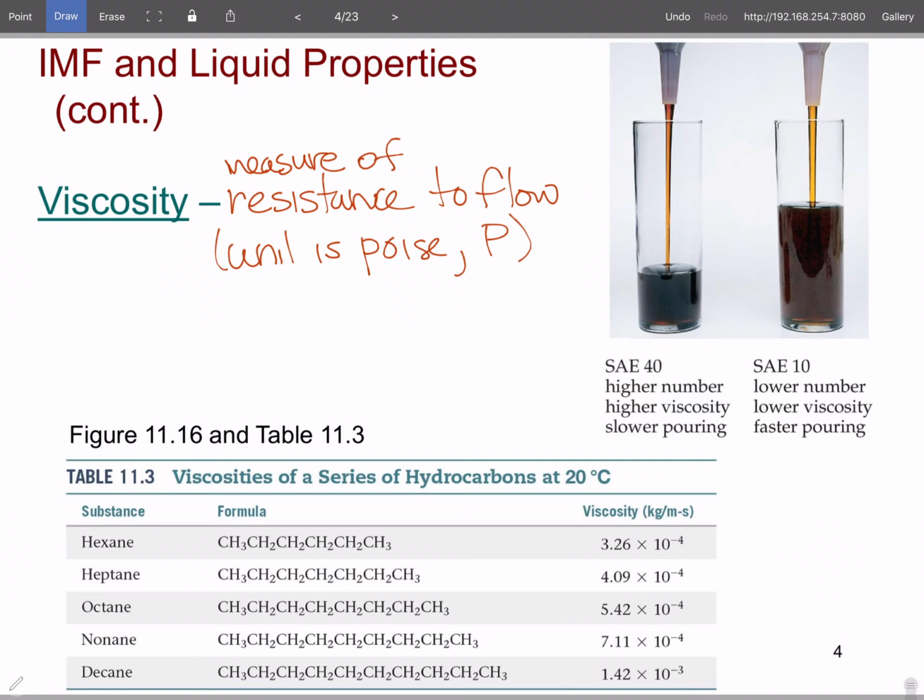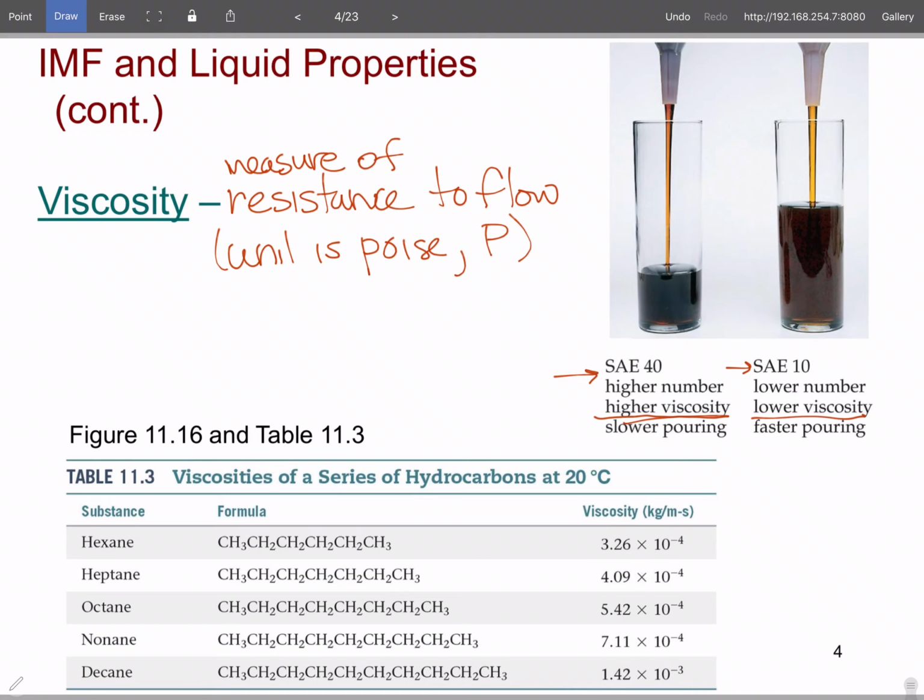But if you'll notice over here, we've got the SAE 40 and the SAE 10. What is that? This is motor oil, okay? So the 40 tells you it has higher viscosity and the 10 is lower viscosity. So you want higher viscosity in the summer and lower viscosity in the winter.